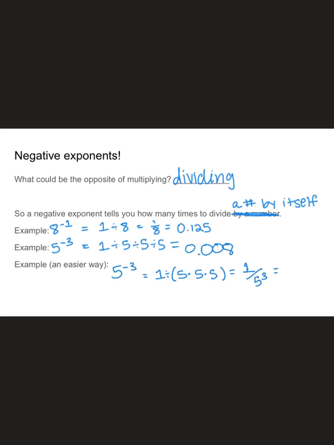And we're still going to get the same answer, 0.008. So it's just telling us how many times to divide by that number.